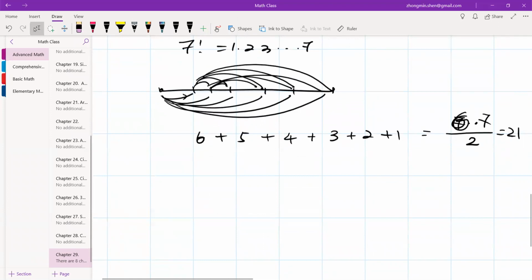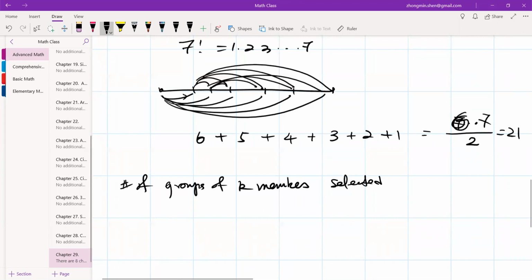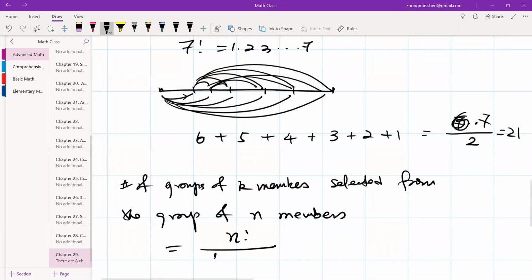So here's the standard formula: the number of groups of k members selected from the group of n members is n factorial over k factorial times n minus k factorial.